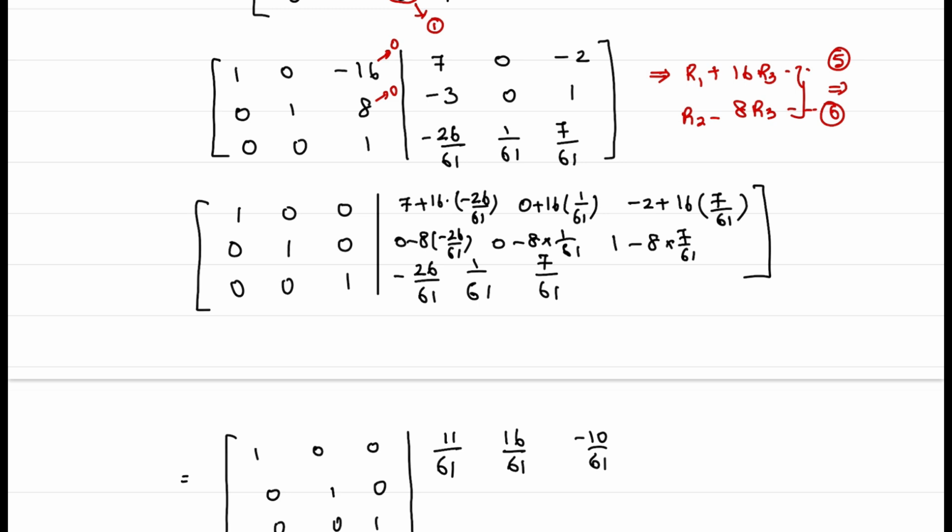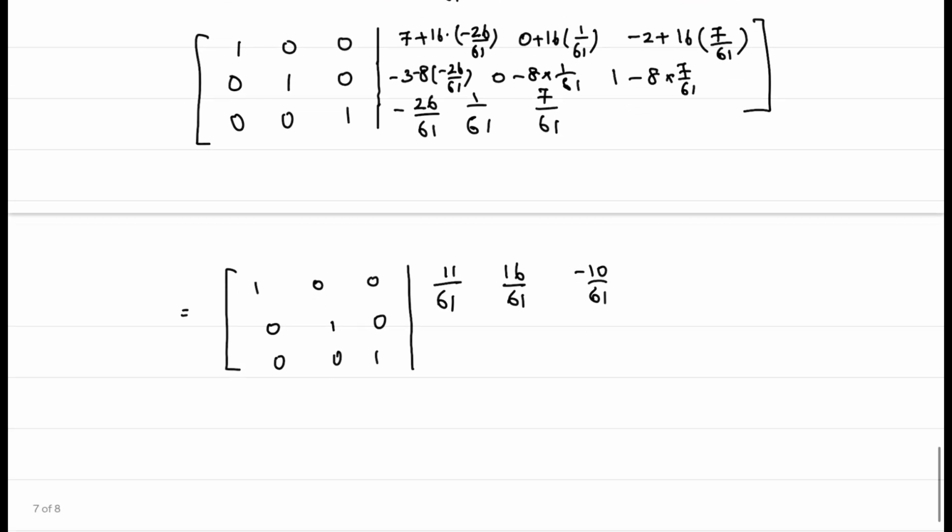We correct it. It is not 0. It is minus 3. Minus 3 into 61 is minus 183 plus 8 into 26.